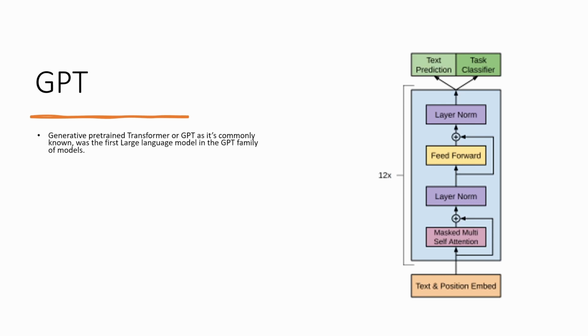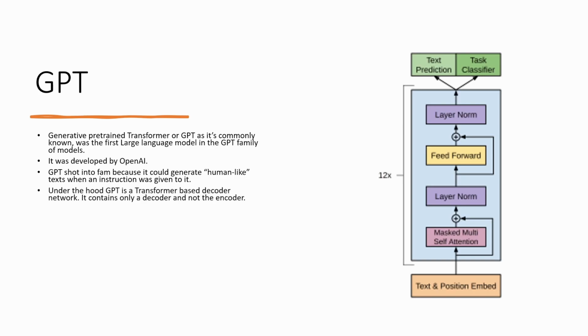Now, this infographic here is a representation of the architecture of the first GPT model, GPT-1, which was developed by OpenAI. GPT shot into fame because it could generate human-like text when an instruction was given to it.